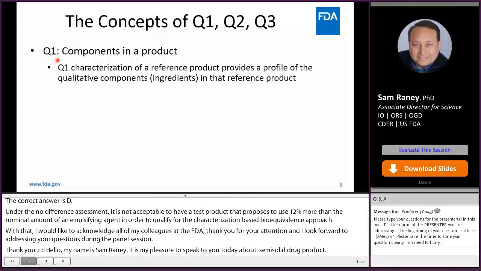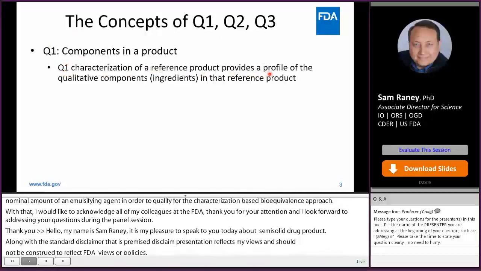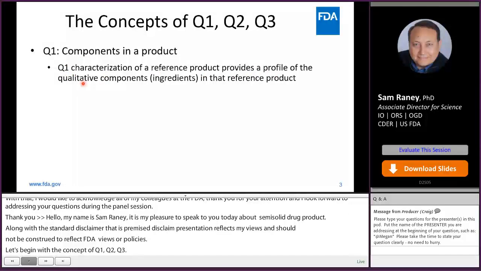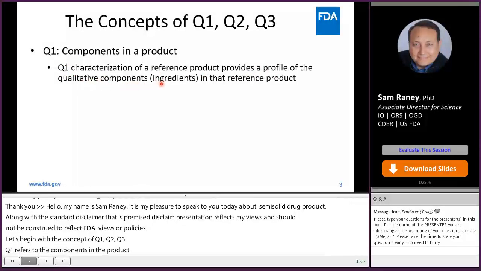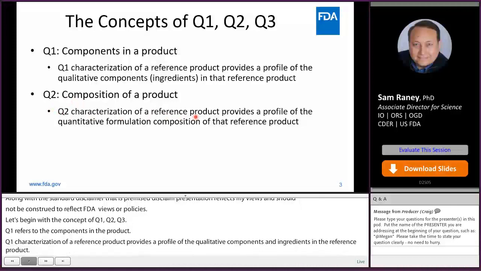Now, Q1 refers to the components in a product, and Q1 characterization of a reference product provides a profile of the qualitative components, the ingredients in that reference product. Q2 refers to the composition of a product, and Q2 characterization of a reference product provides a profile of the quantitative formulation composition of that reference product.